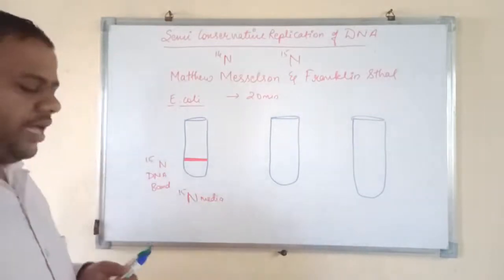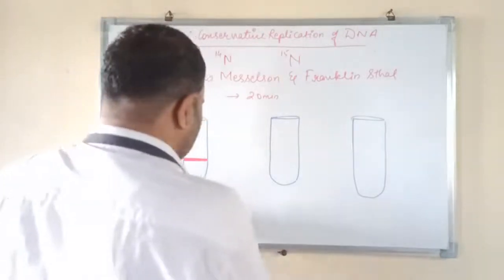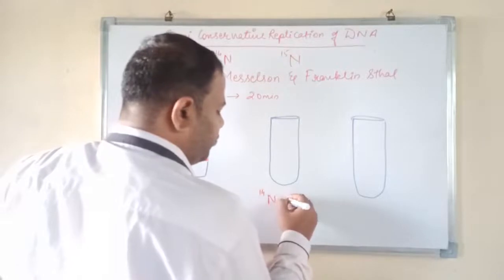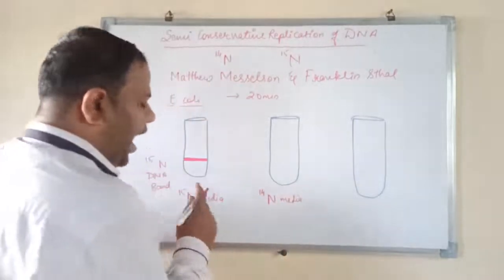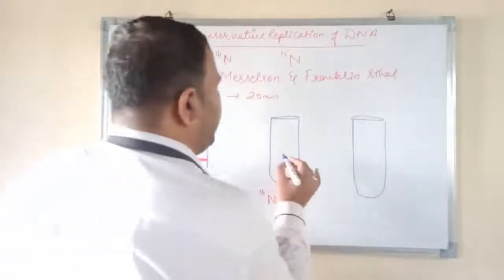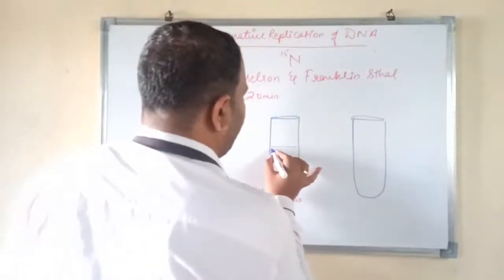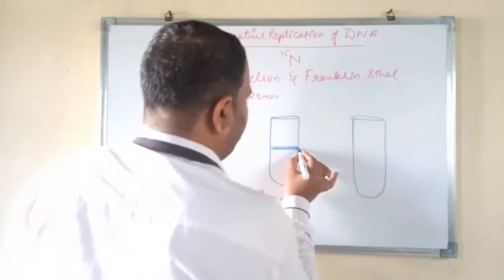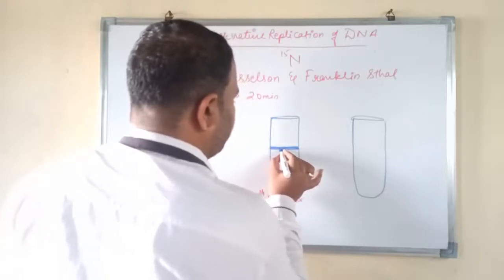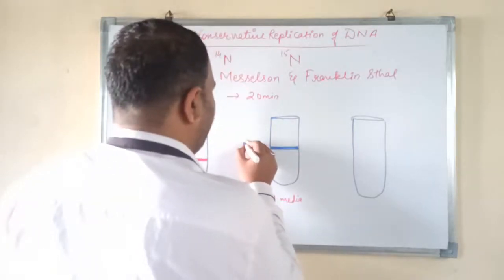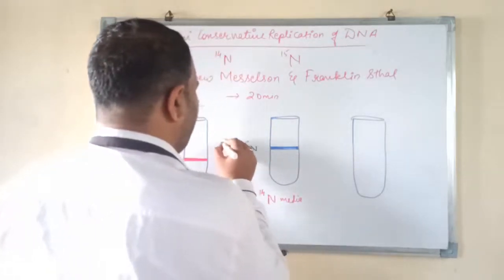Now when these cells were transferred to N14 media, the cells already had N15 DNA, so it was forming an intermediate band at this position in between, like this. So this was the N15 N14 band.